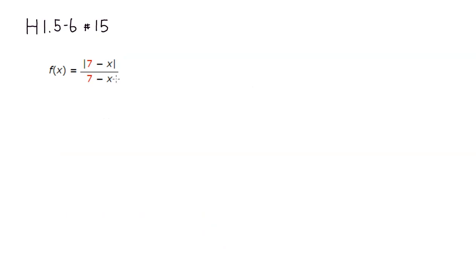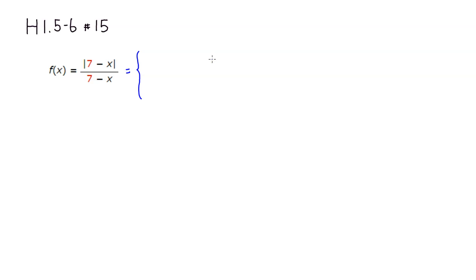Absolute value, so we have to split into two cases. First thing we should know is x cannot be 7, so it's got to be either greater than 7 or smaller than 7.